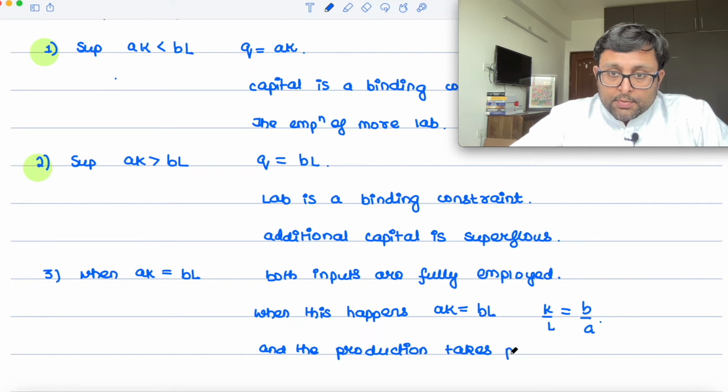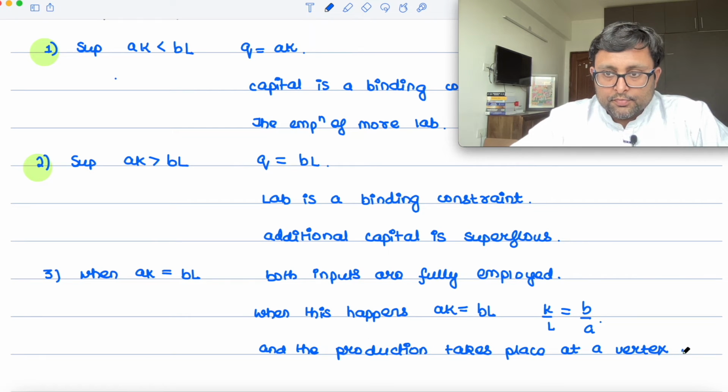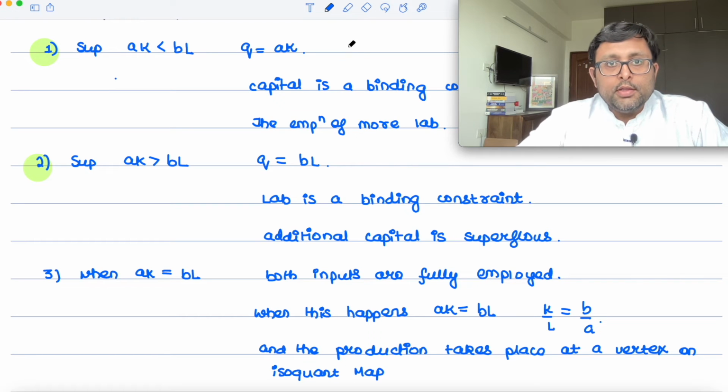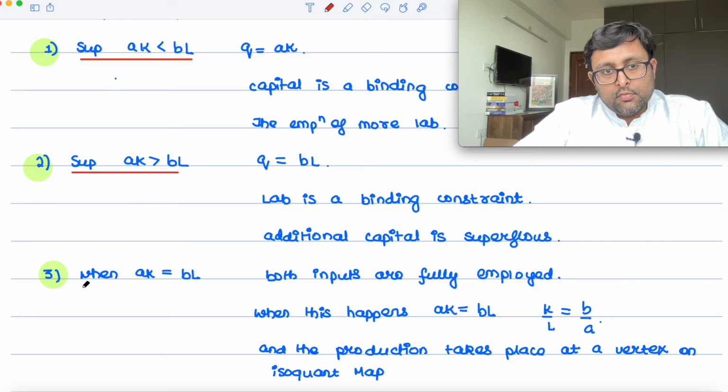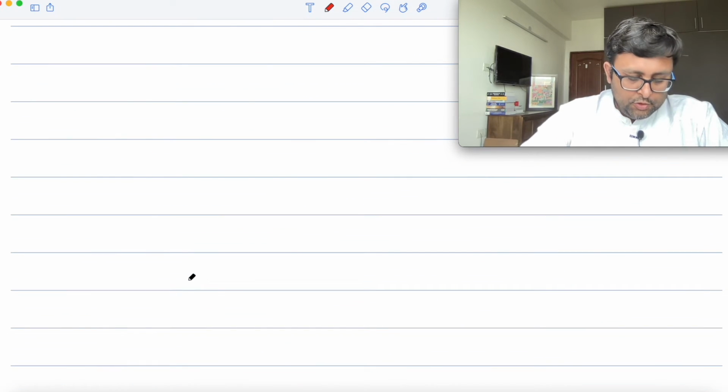And the production takes place at a vertex on the isoquant map, right? So you mean this.